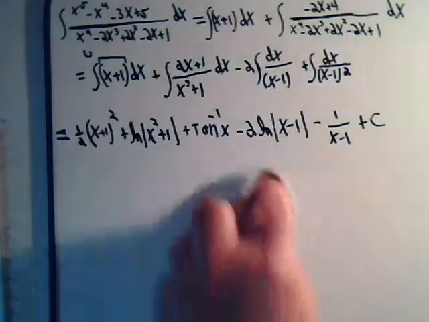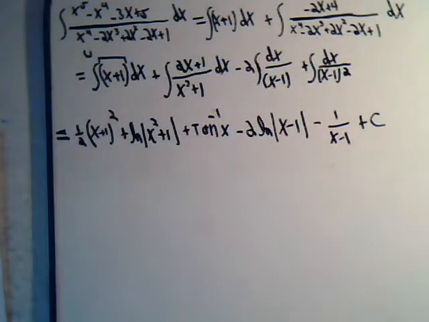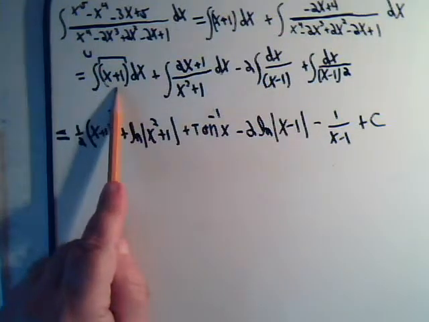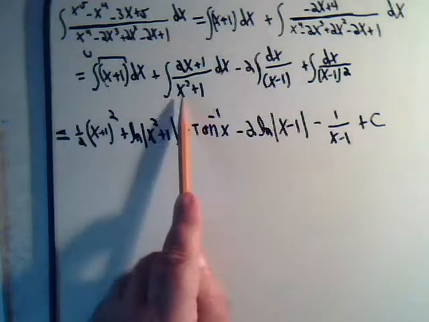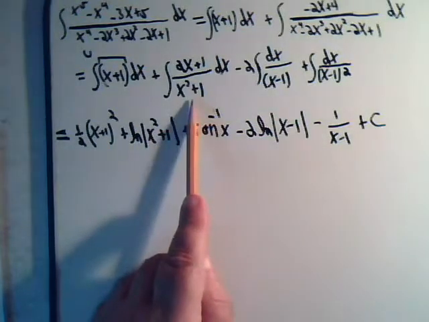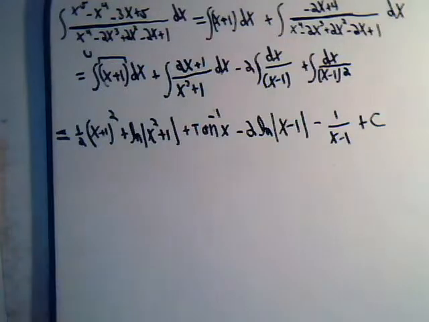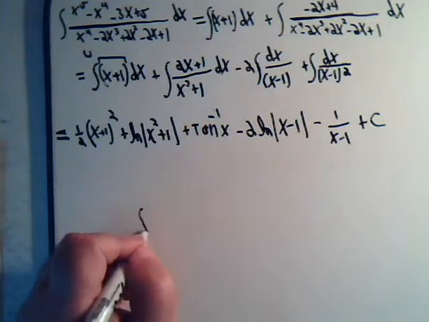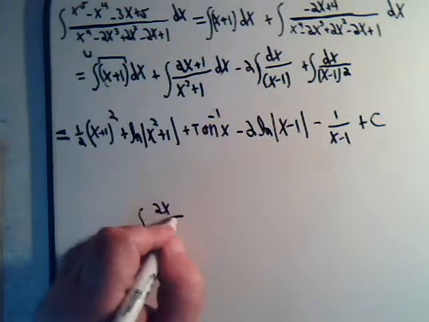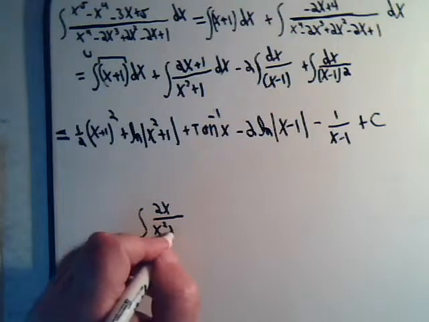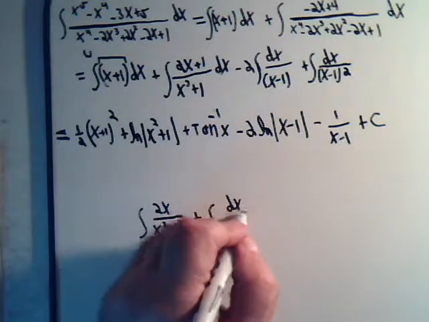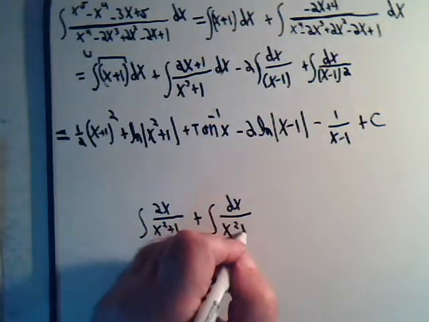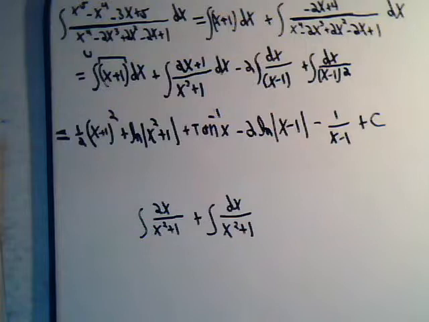Let's just go back and check ourselves here. First integral. X plus 1, call that u. du is dx, that's 1/2 u squared. X squared plus 1, call that u. du, well no, we broke this up into two integrals. We had the integral of 2x over x squared plus 1 plus the integral of dx over x squared plus 1.